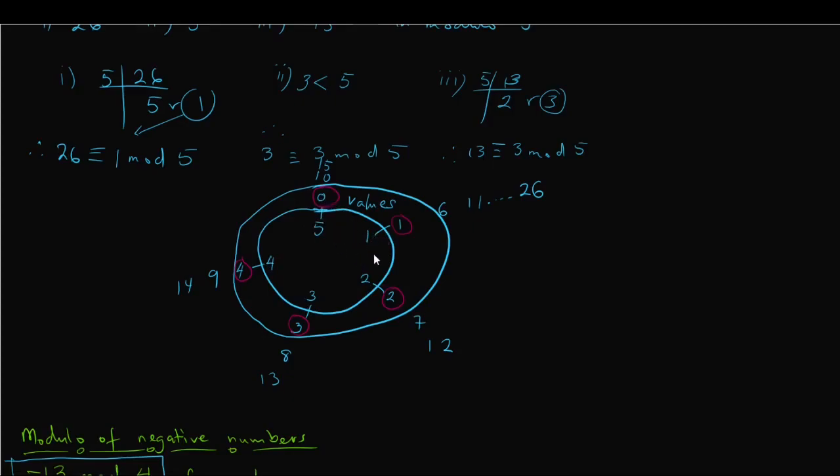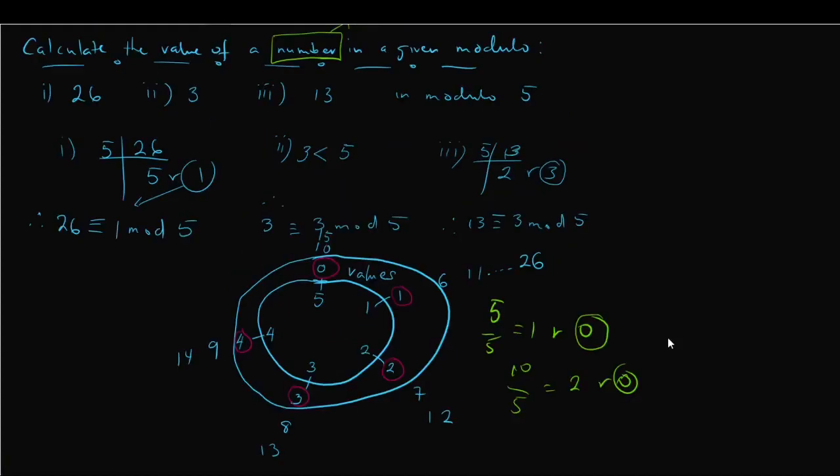Now, if the numbers are less than the modulus, which is 5, it is the same value. So 1 is 1 in modulo 5, 2 is 2 in modulo 5, 3 is 3 in modulo 5, 4 is 4 in modulo 5. But what about 5, the number 5 itself? Now, if you divide 5 by 5, you will get 1 remainder 0. Now, it's the remainder we are interested in. So the value of 5 in modulo 5 is 0, because when we divide 5 by 5, we get 1 remainder 0.